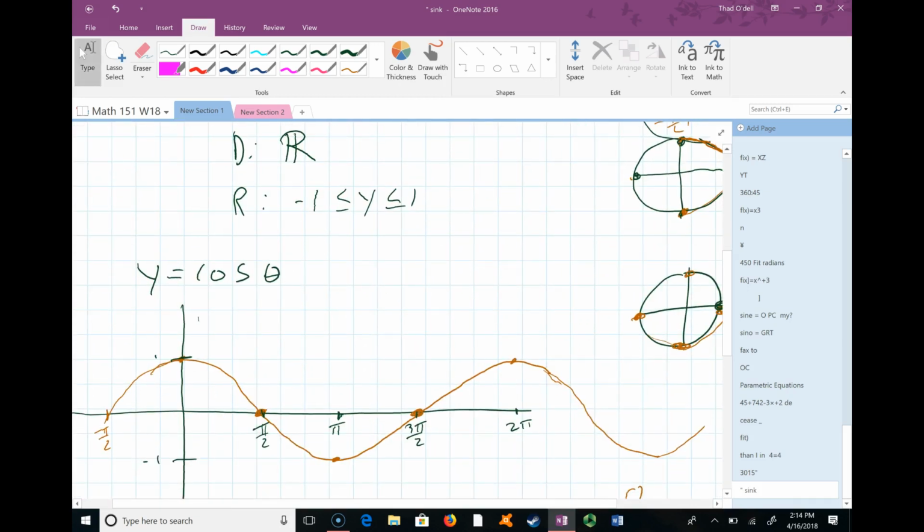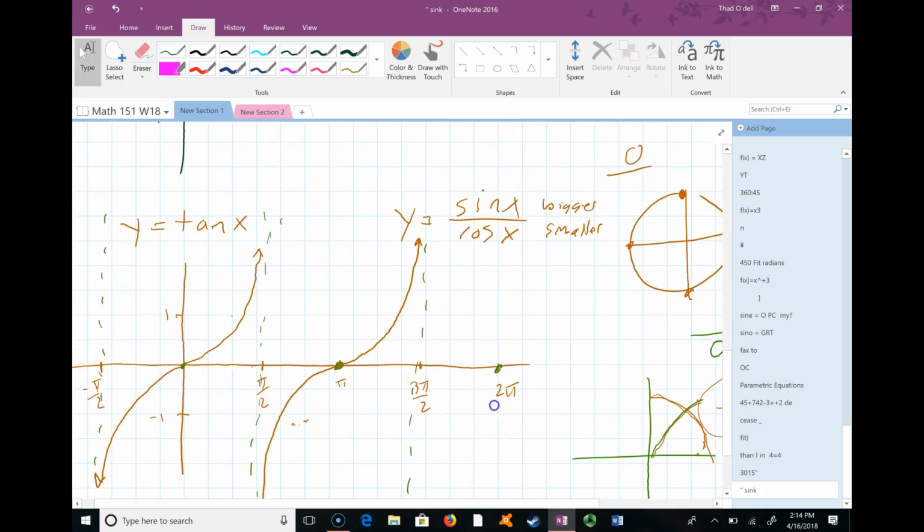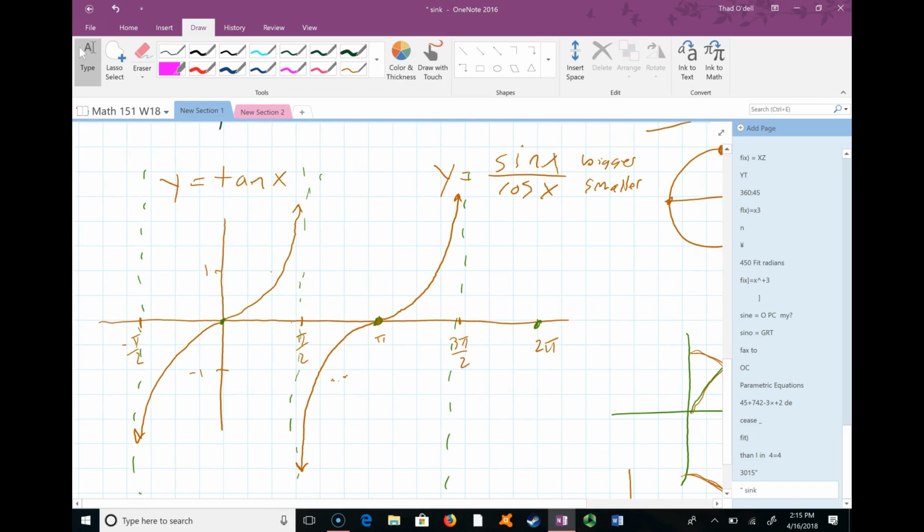The period of cosine is 2 pi, but the period of tangent is pi. So it just takes less time before it repeats itself. Tangent repeats every pi on the x-axis, whereas sine and cosine repeat every 2 pi.